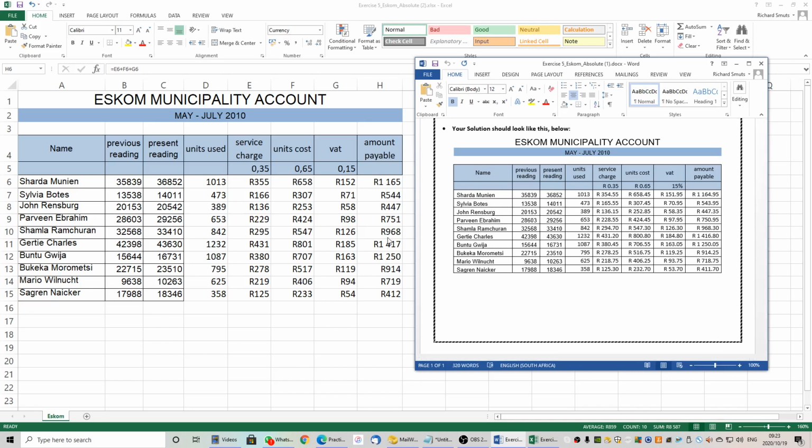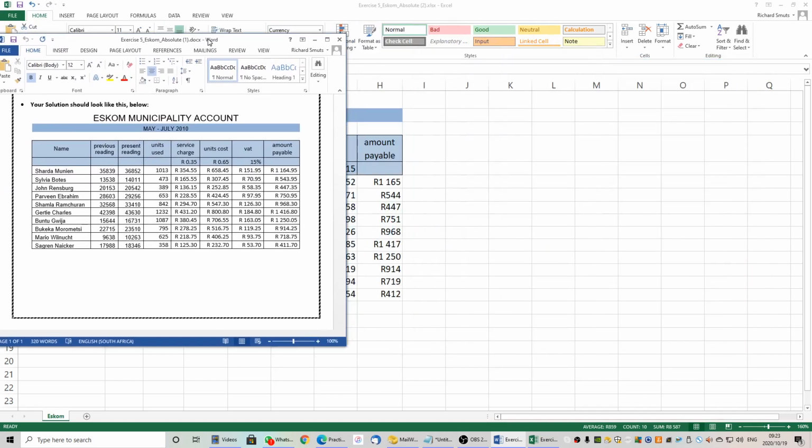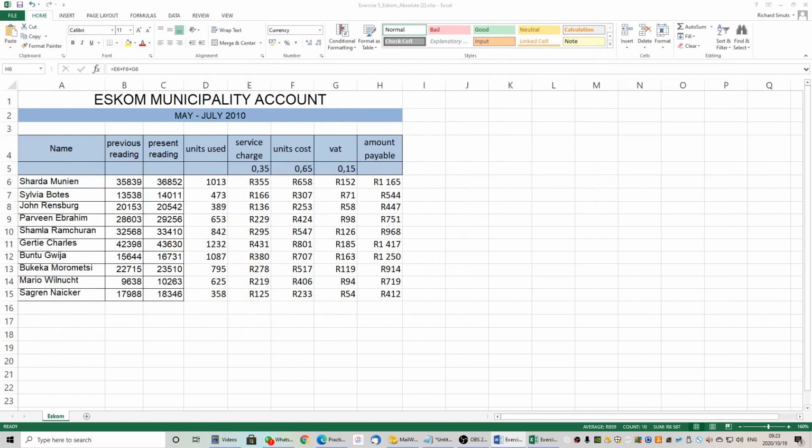Mine has rounded up because I've used 0 decimal places. So if we have a look here, 411.70, mine is rounded up to 412. 1165, mine is rounded up there. So basically that is correct. In your case, you will use 2 decimal places. Check your work at the end when you have completed it. And that is, in short, today's lesson.